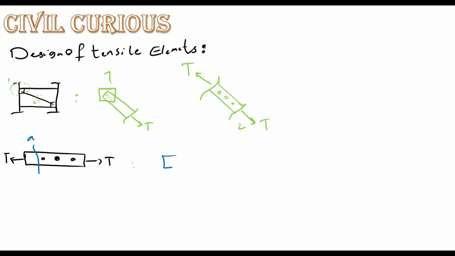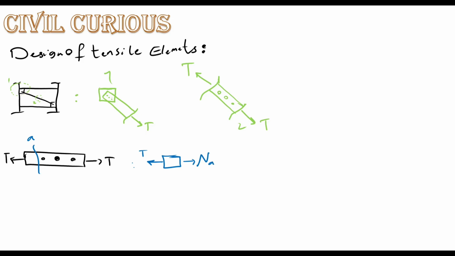Let me draw what is happening in this section. In this section, there is not any hole and there is just pure tensile force. And in this section A, we have axial force in A section. We call it NA.